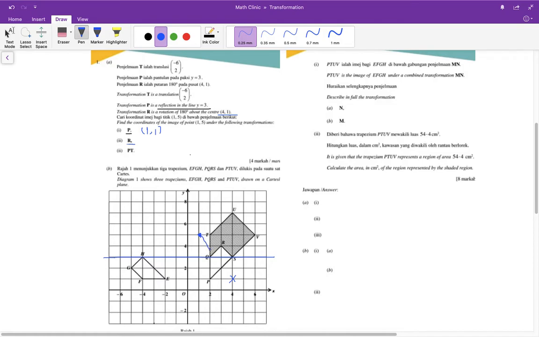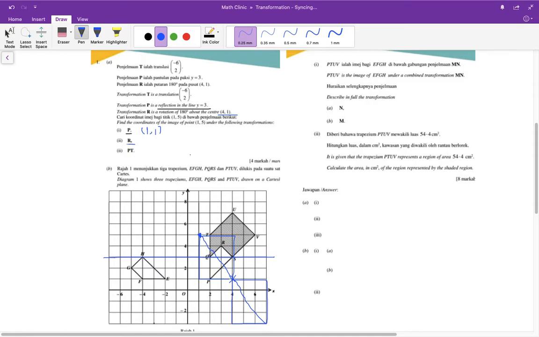Just draw a line out. Let me explain why it's like this. If I draw a square over here, because you rotate 180 degrees, you see these two squares over here.